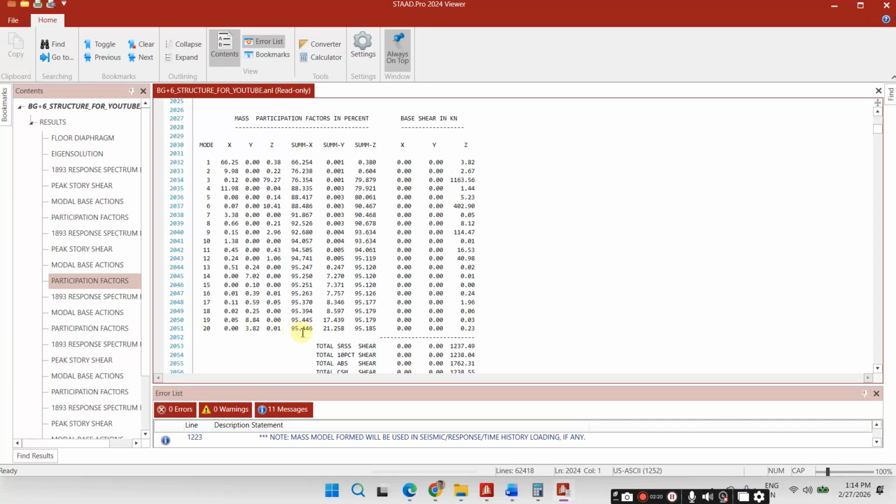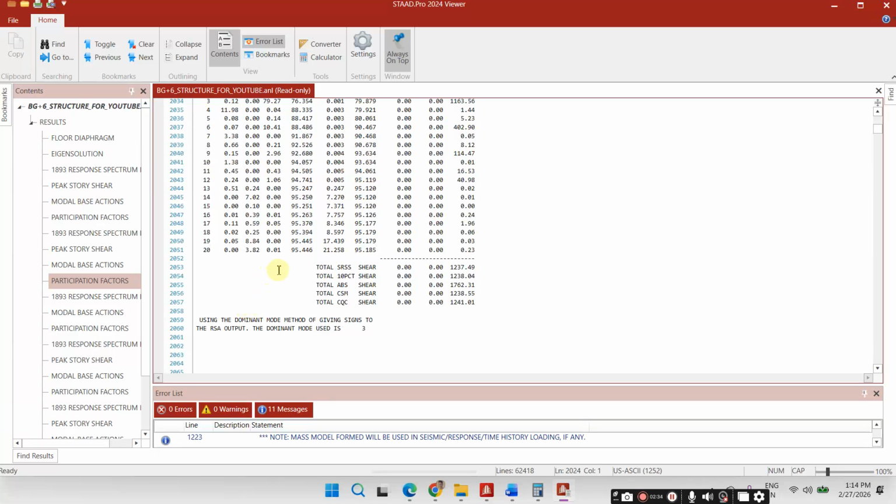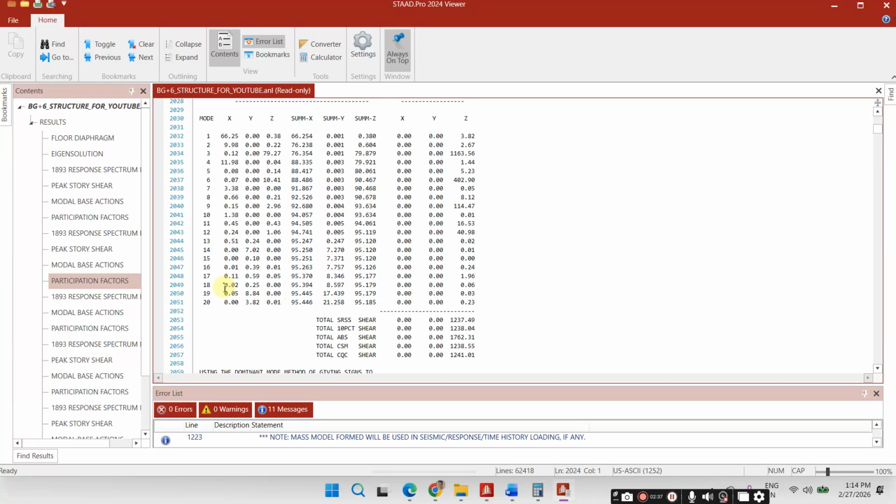If the mass participation is not above or equal to 90%, then we have to increase the cutoff mode up to the number at which the mass participation is above or equal to 90%.